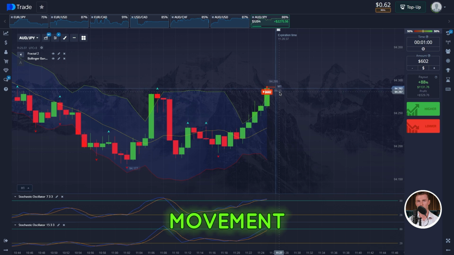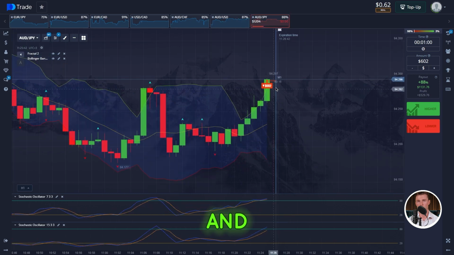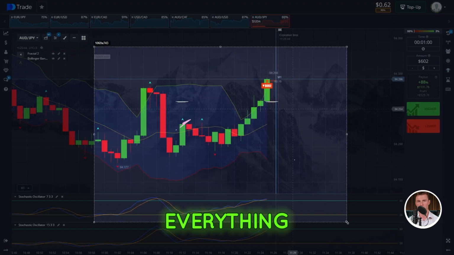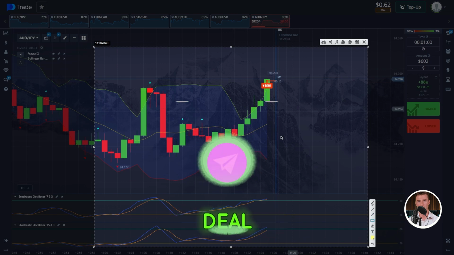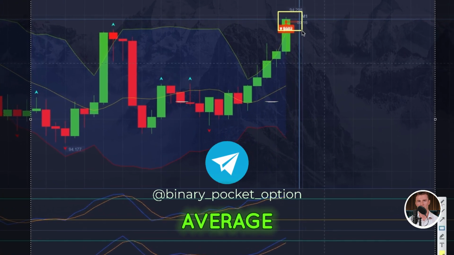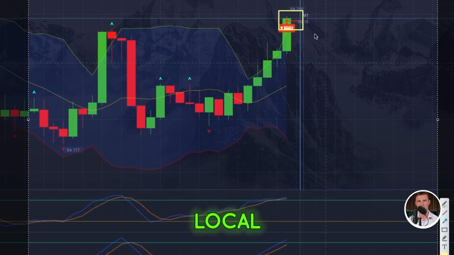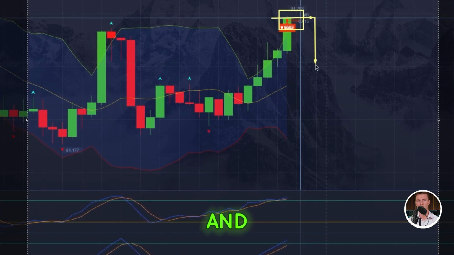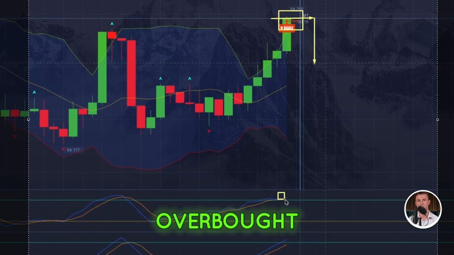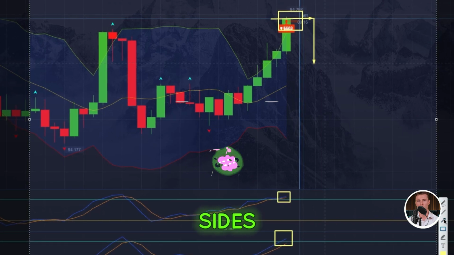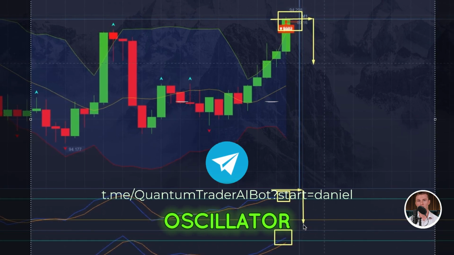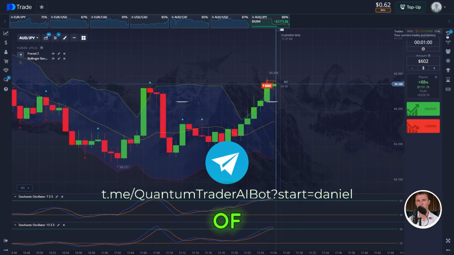Yes, our movement every day has a different character, and in general, we have a good touch point here. Everything is the same as in the previous deal: touching the upper moving average, our channel indicator, the future update of the local maximum, and the exit from the overbought area on both sides by our oscillator. Actually, let's look at the result of our trades.